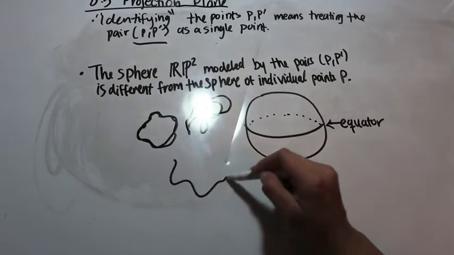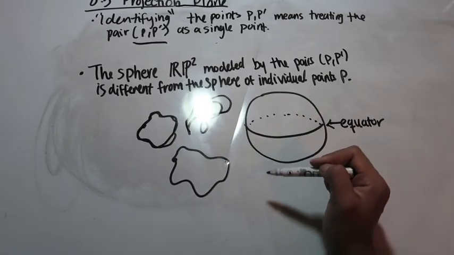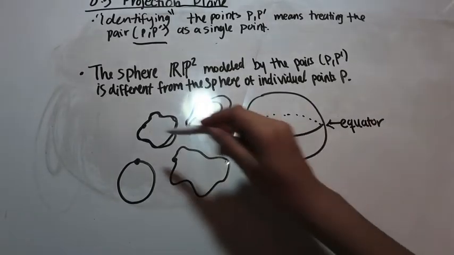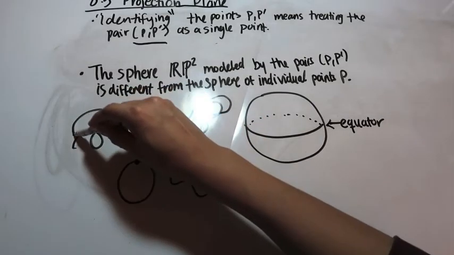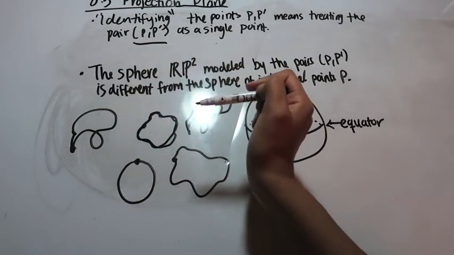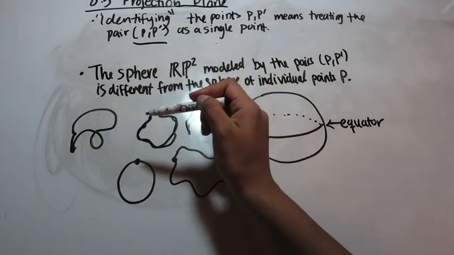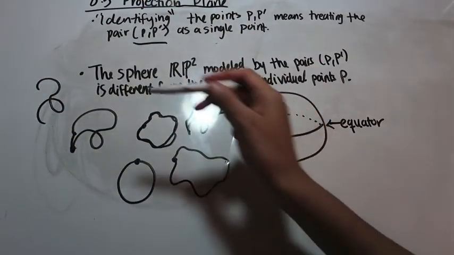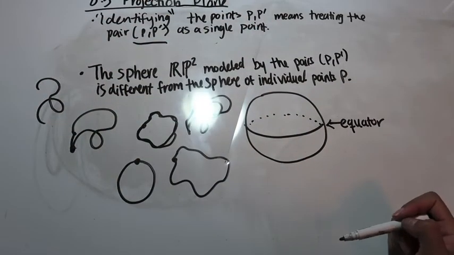So it could look like this, that's no problem, or it could just be a circle. But something like this will not be simple. It will be closed, it starts here, but not simple. And then something like this will be simple, not simple and not closed. Sorry.